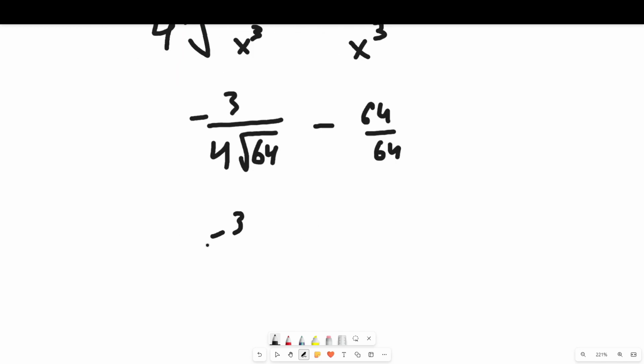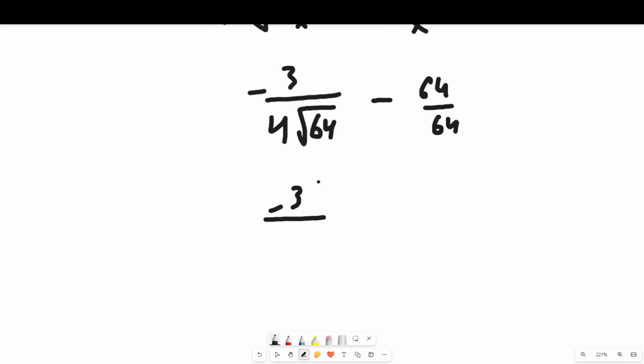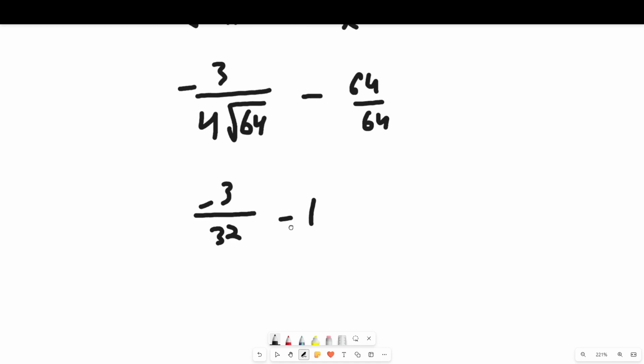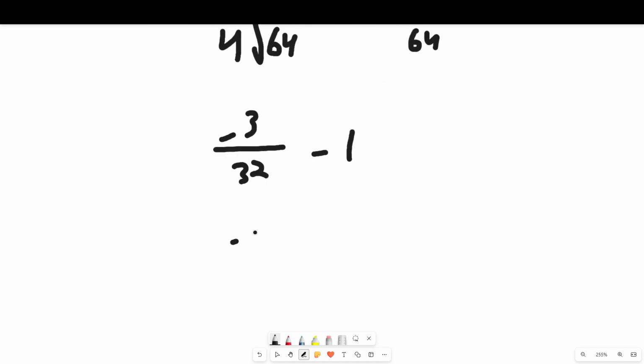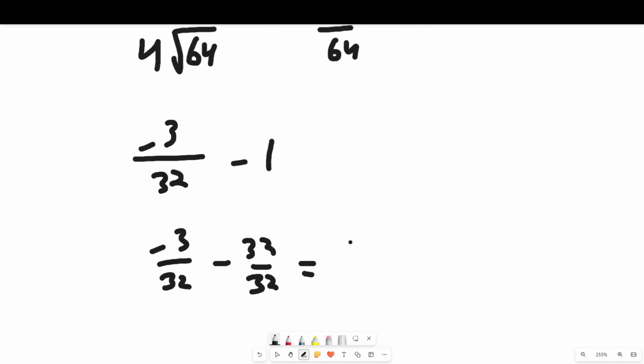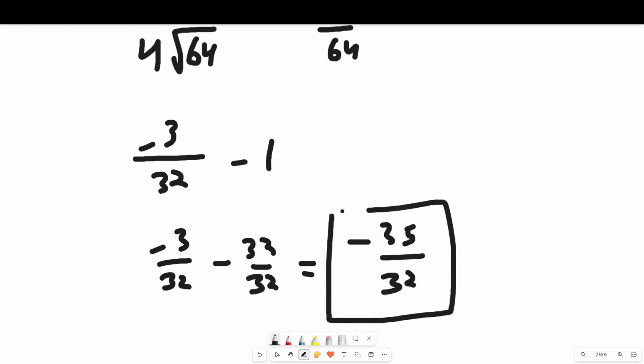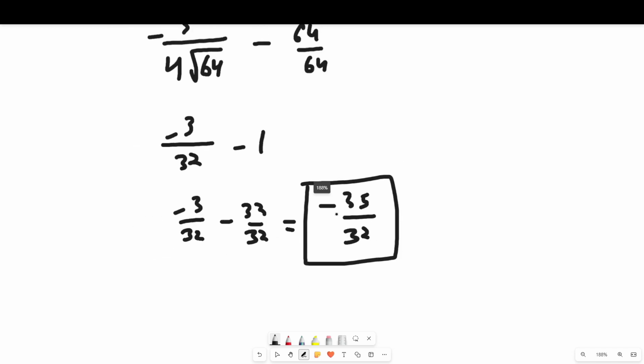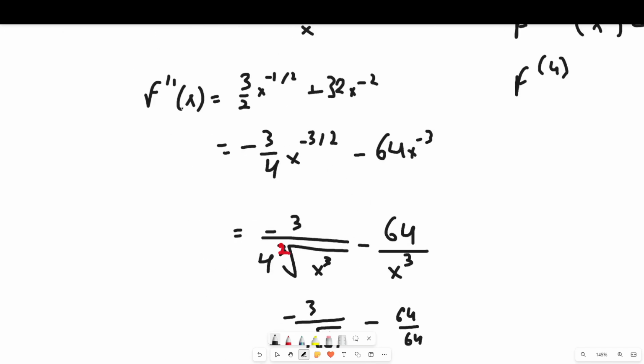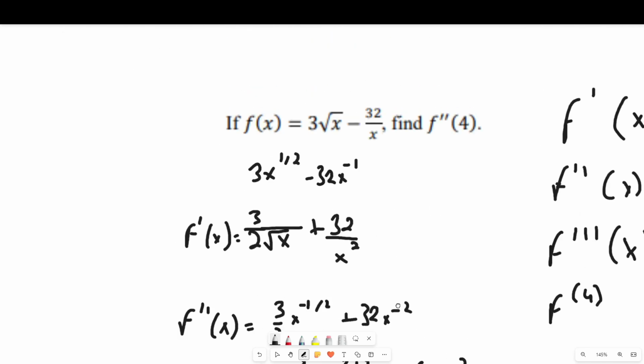So -3 over 4 times 8, so 32, minus 1, and then -3 over 32 minus 32 over 32 equals -35 over 32, which is our slope at x equals 4 for the second derivative, and that's it.